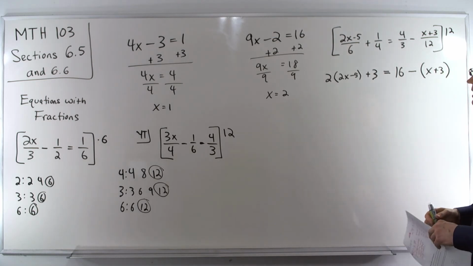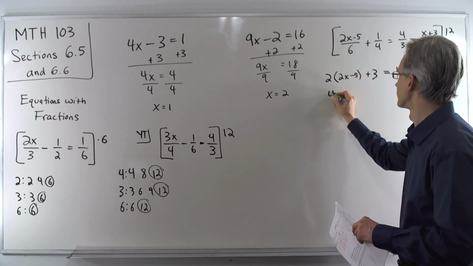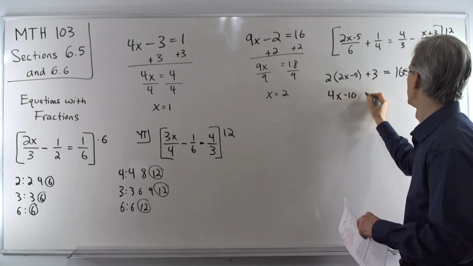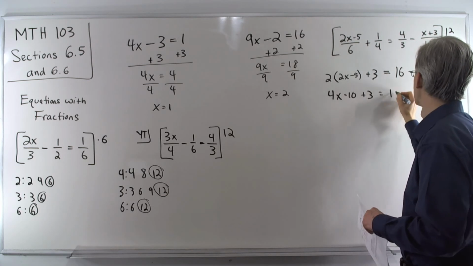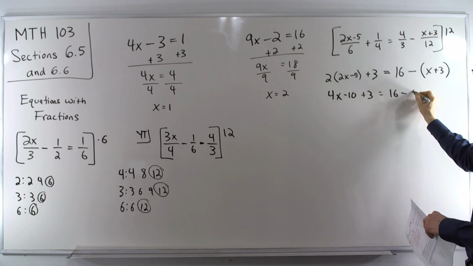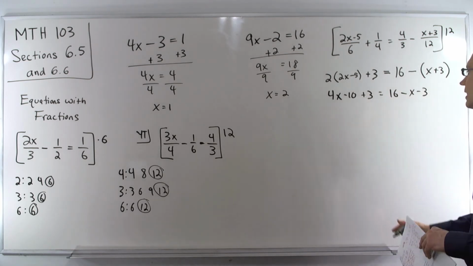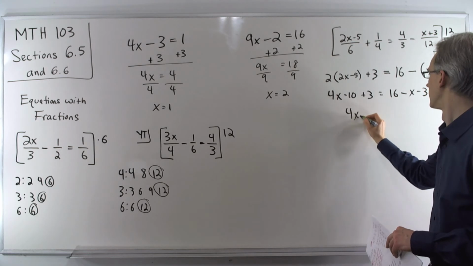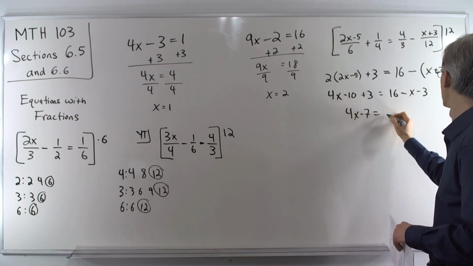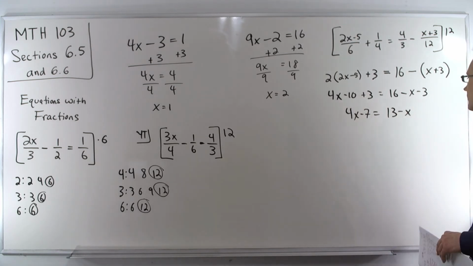Okay, now we're distributing in. We distribute 2 into this binomial. That gives us 4x minus 10 plus 3 equals 16. Now I distribute the negative 1 into this binomial, so minus x minus 3. Now we can combine like terms. 4x minus 7 equals 13 minus x.